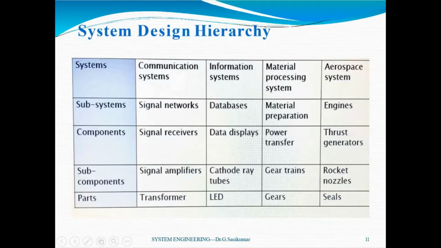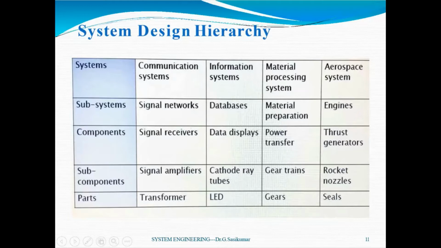If the CRT works properly, only then will you get a display. In the material processing system, power transfer has gear trains, and in aerospace, the thrust generator has rocket nozzles. So one by one: engine, thrust generator, rocket nozzle; database, data display, CRT and LED. And for spare parts, in the communication system we have transformer, in material processing gears, and in aerospace seals.